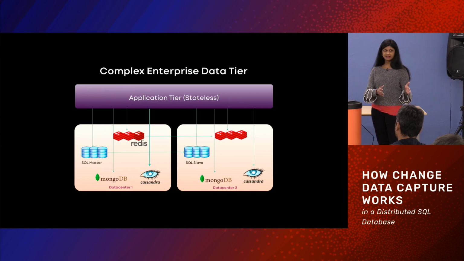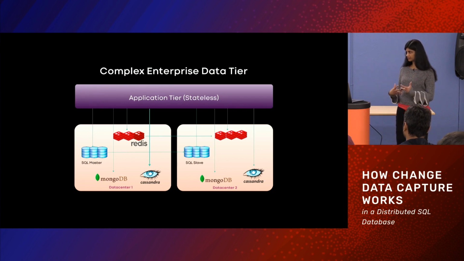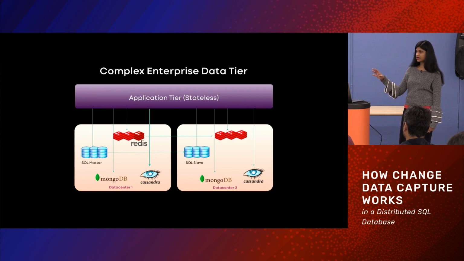And then this entire setup is replicated in all the data centers that you're running in. Now you're shifting the complexity from the database level to the application level, because now applications need to keep track of making sure that all the data across these various data sources and data centers are in sync.